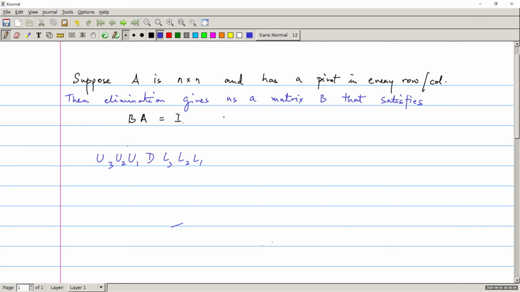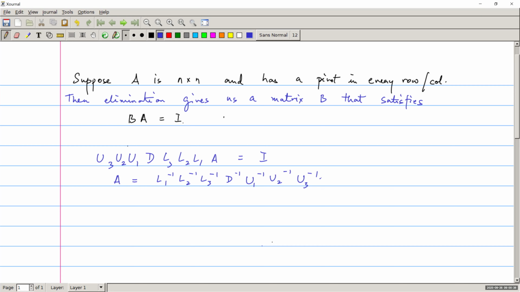And when you reverse all the sequence of operations, we saw last class that you need to reverse from the outer end.